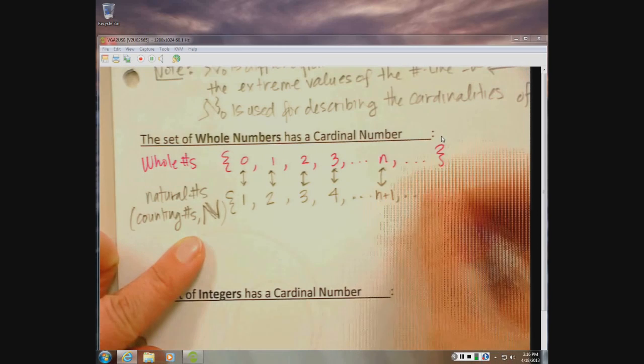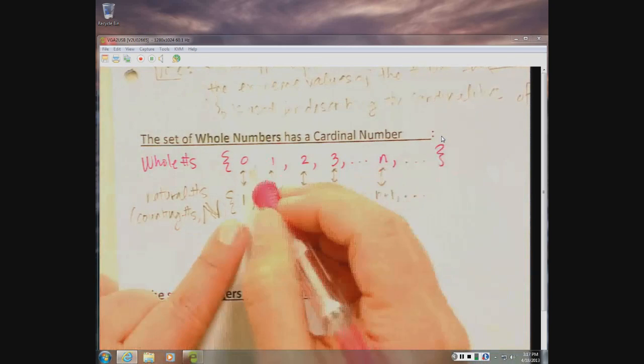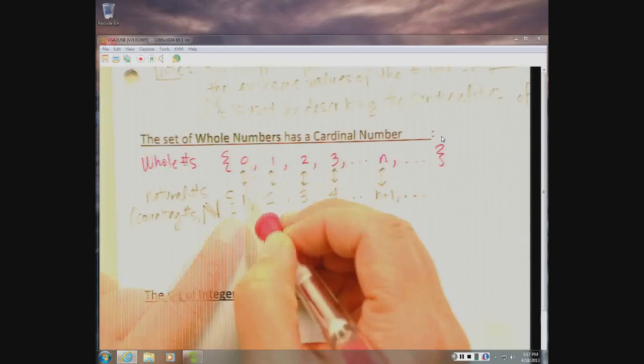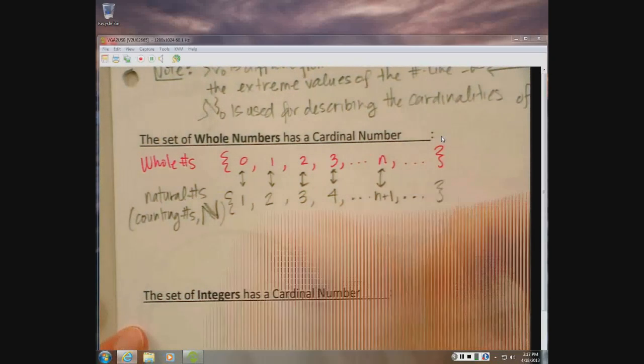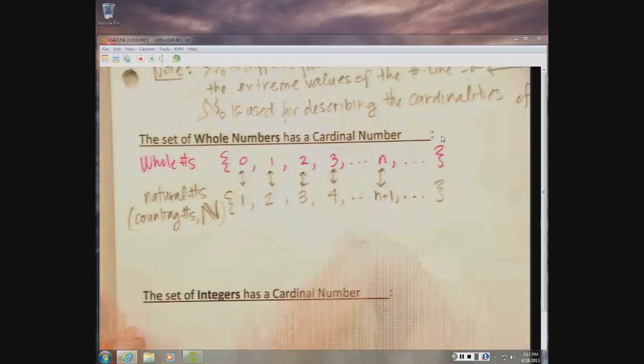If we look at this relationship, the whole numbers are 1 less than my counting numbers. And because I can create this one-to-one correspondence, we can say that the set of whole numbers is countable.